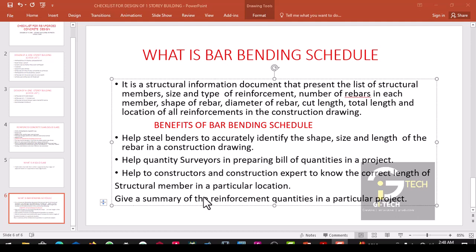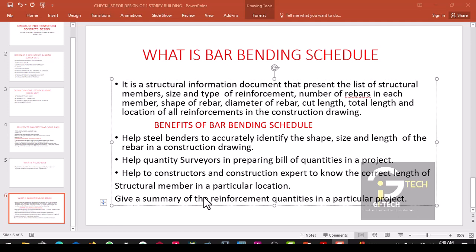Now, what are the benefits of bar bending schedule? It helps steel benders to accurately identify the shape, size, and length of rebar in a construction drawing. It also helps quantity surveyors and even cost engineers in preparing bill of quantities in a project.